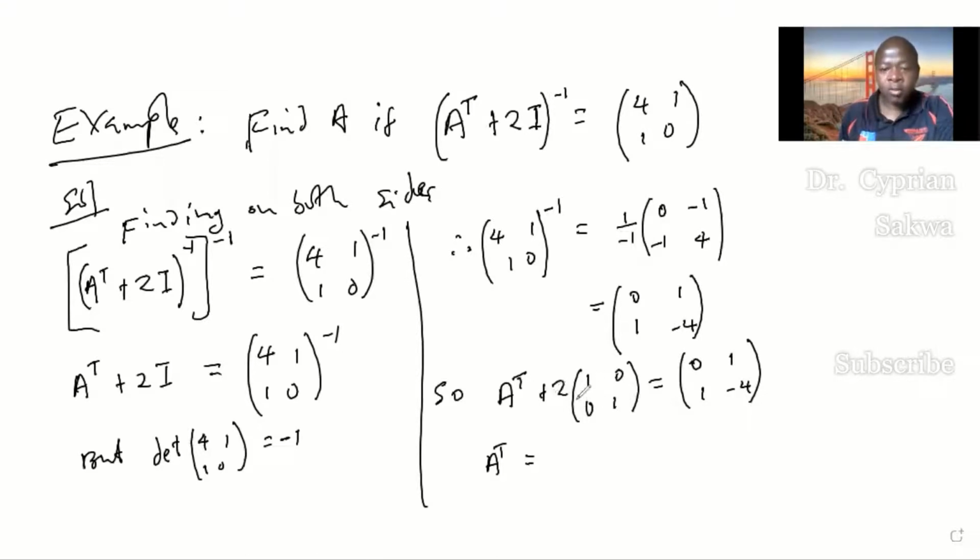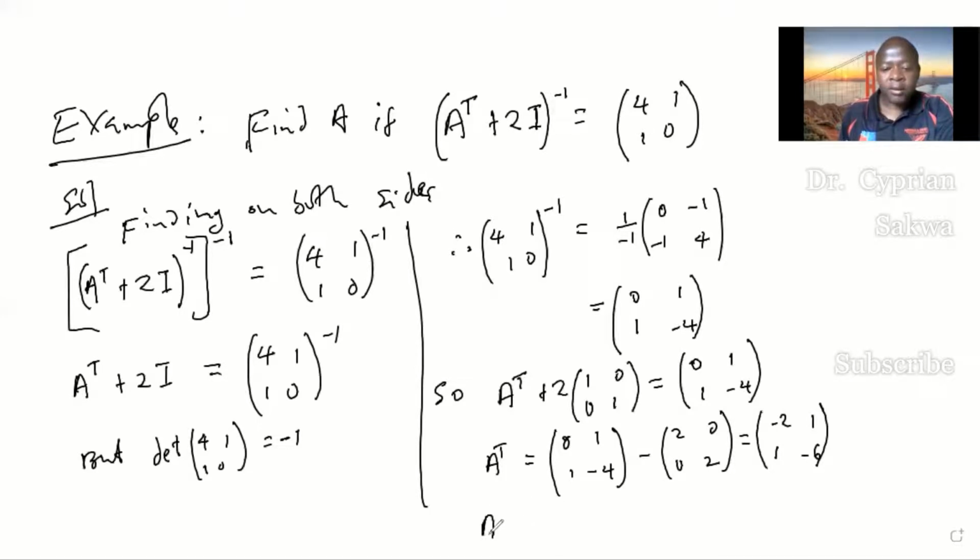So it becomes 0, 1, 1, negative 4, minus 2, 0, 0, 2. What does this subtraction give us? It gives us negative 2, 1, 1, negative 6. So this is A transpose.